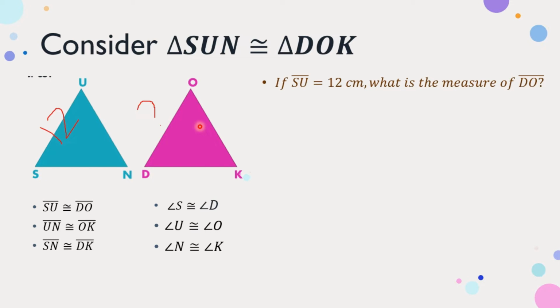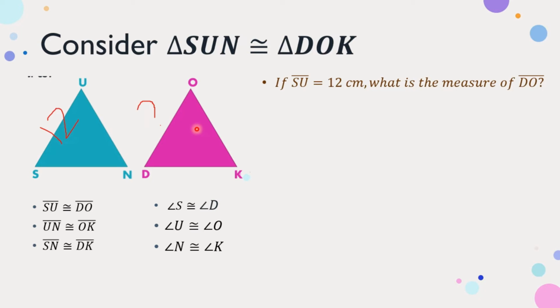Now, alamin mo ngayon yung given. What is the given? Ang given natin, sinasabi that the two triangles wherein they are located, triangle SUN and triangle DOK, ito daw ay congruent. Una, relationship ng dalawa, corresponding sila. Tapos yung dalawang triangles, congruent pa.